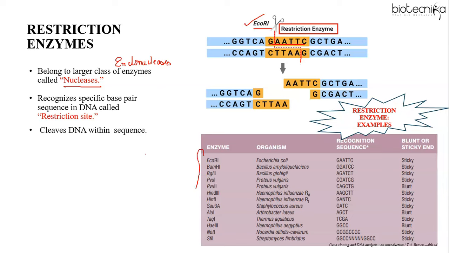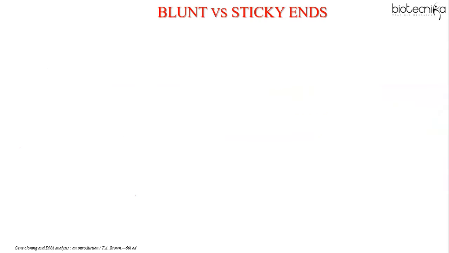And here you can see the examples of restriction enzymes, the organisms from which they are isolated, and the recognition sequences of these enzymes. For some it is 4 base pair, for some it is 6, for some it is 8. So the recognition sequence for restriction enzymes varies from 4 to 8 base pair. And here you can see the ends they generate on digestion. Some generate sticky ends, some generate blunt ends.